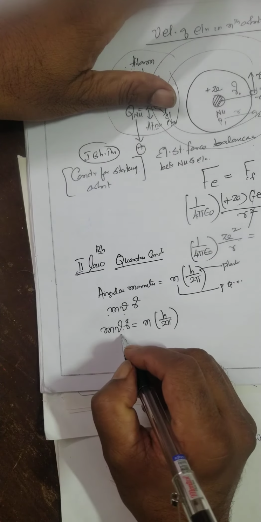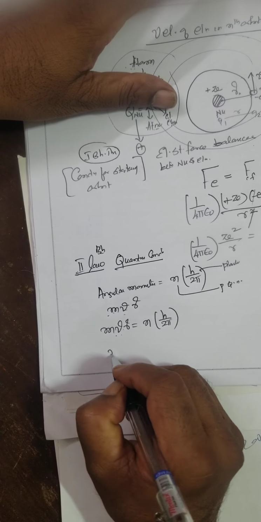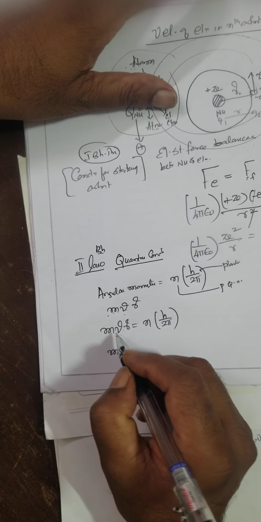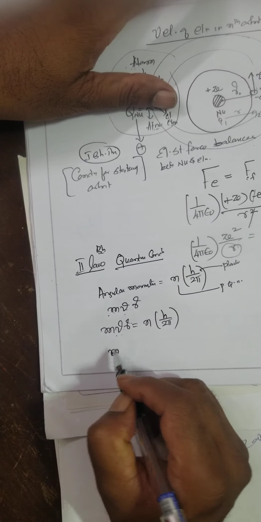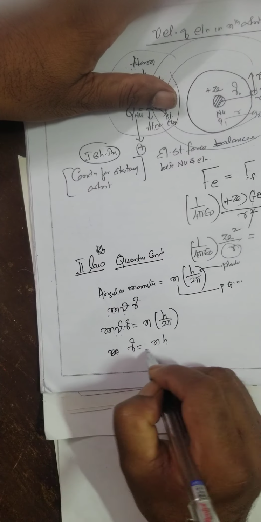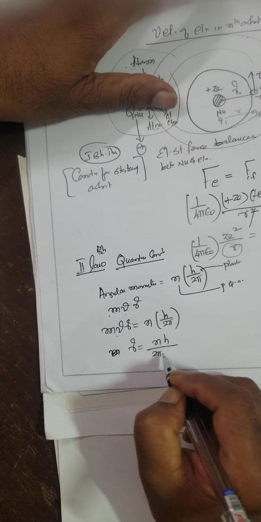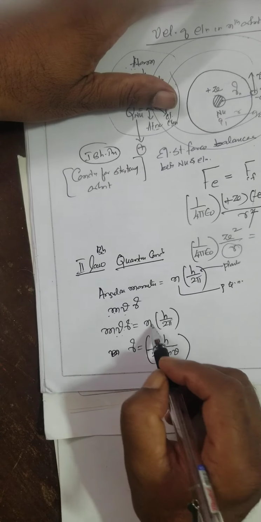Therefore, here how to do this? You square it now. Is it possible? Shall we substitute r here? I'll substitute r here. Therefore, r is equal to nh by 2 pi mv.